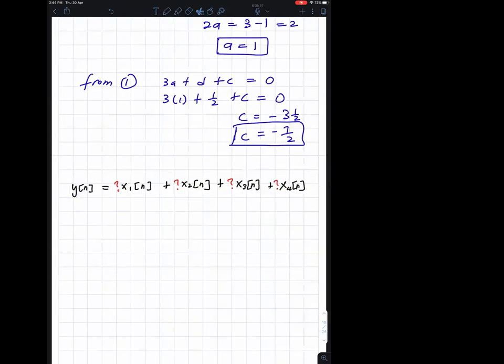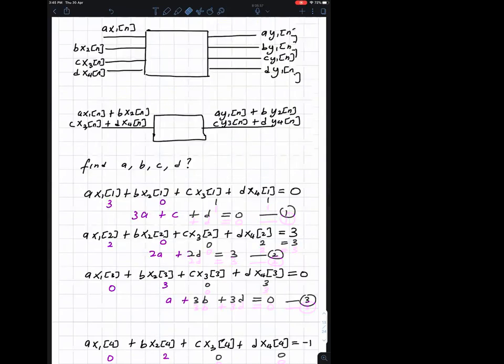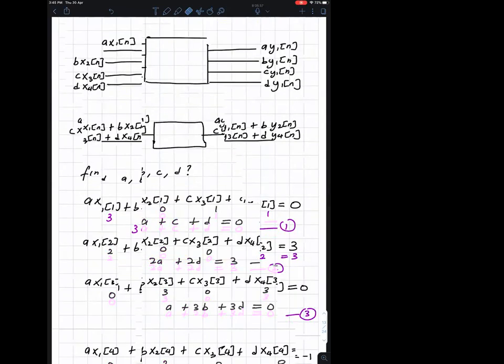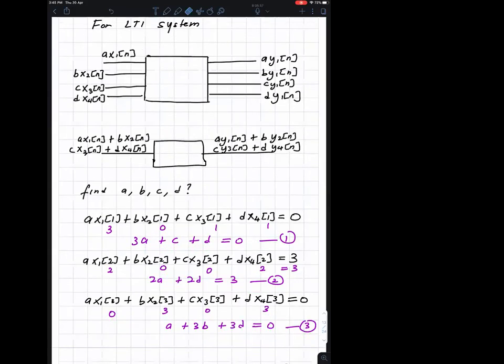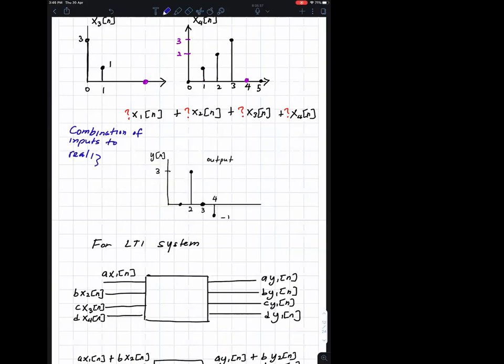Okay, this is not really Y. This is the input. Sorry about this, I made a mistake. This is not really the output. What are the inputs? The combination of inputs to realize yn.